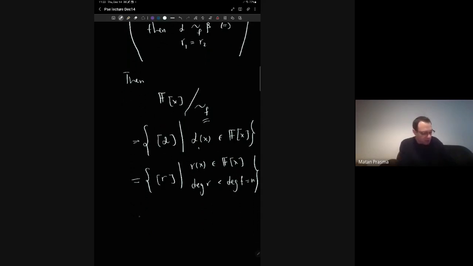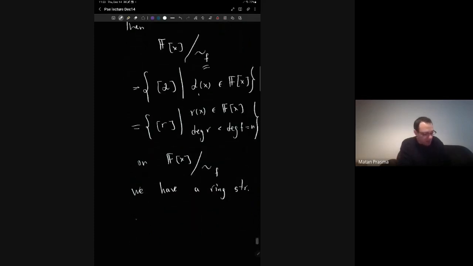And of course, on F[x] modulo f, we have a ring structure, defined by taking an equivalence class represented by alpha. If I want to add to it the equivalence class represented by beta, I simply do alpha plus beta and take the equivalence class.